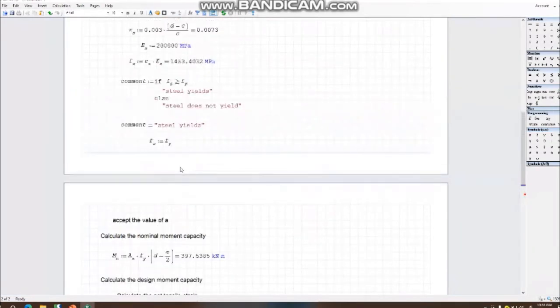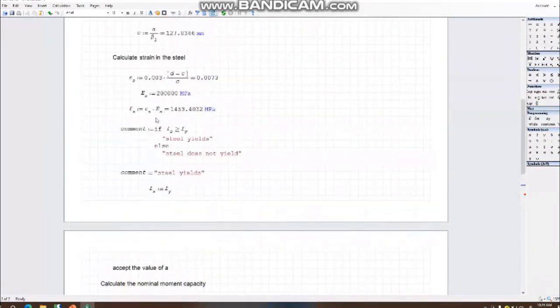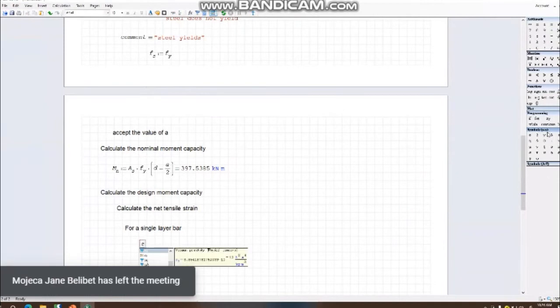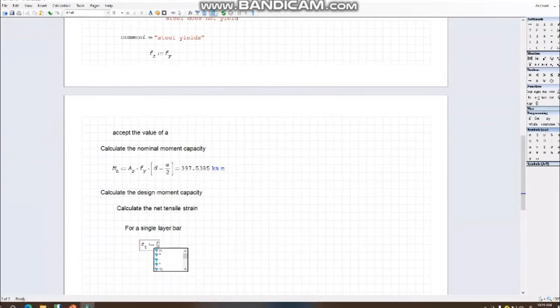Atong epsilon T is equals to your epsilon S. So, ang epsilon S, i-compute naman natin, which is equivalent to 0.003.